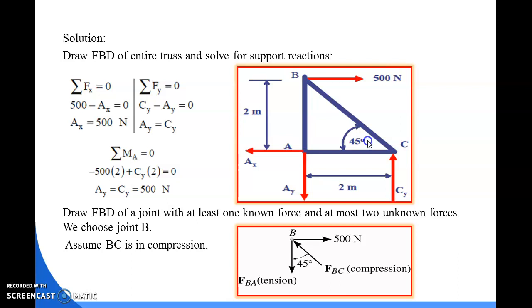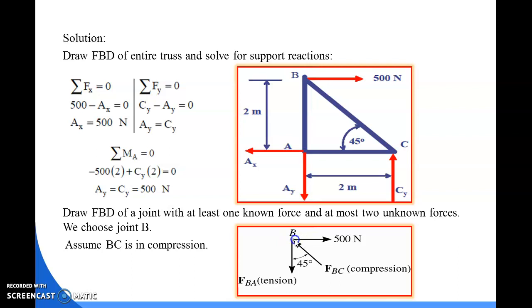Now, we need to provide the direction of the members and choose a suitable joint by which we can analyze the forces along the members. So here you can see we assume joint B for the solution, and it is the appropriate joint by which we can find the member forces.